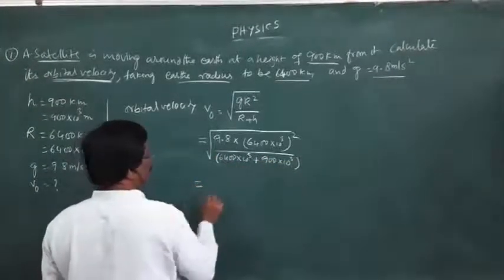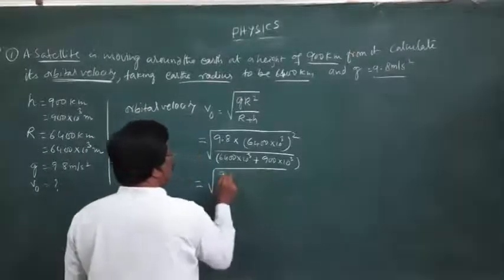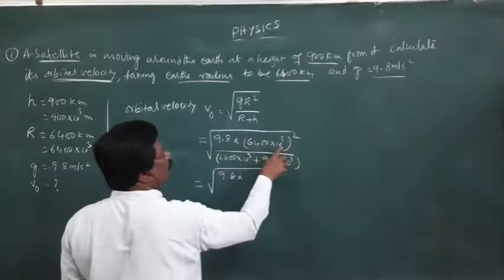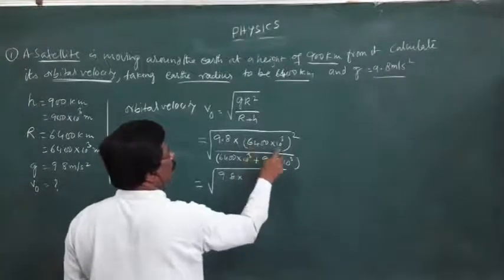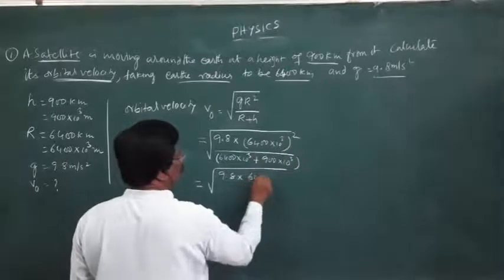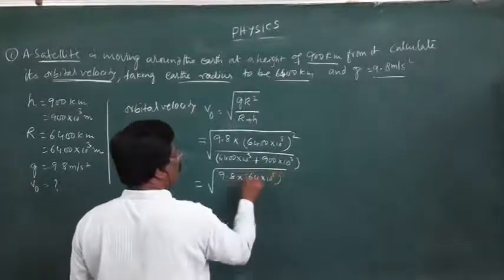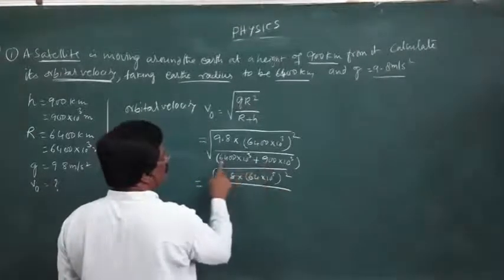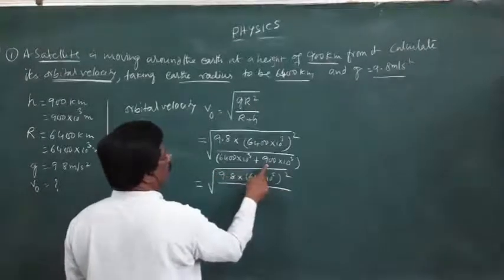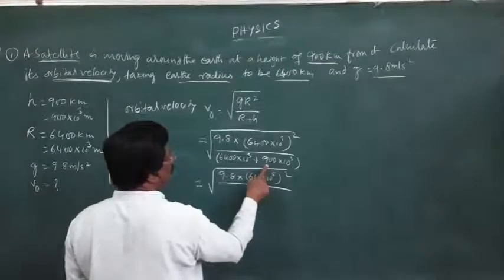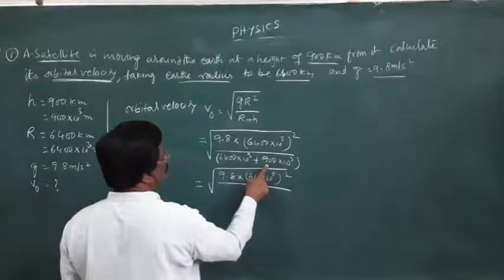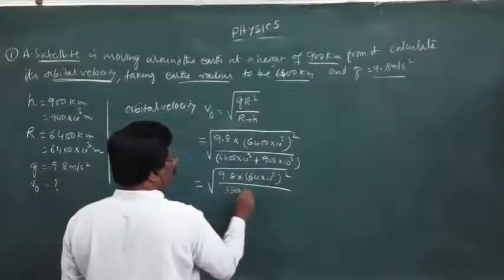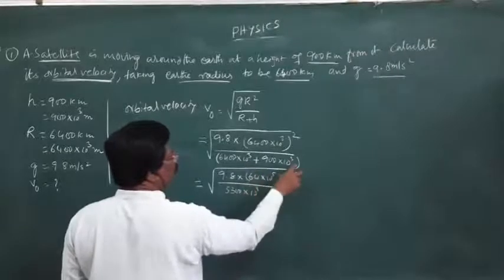This is equal to square root of 9.8 into 64 into 10 raised to 5 whole square, divided by, adding 6400 plus 900, we get 5300 into 10 raised to 3, since 10 raised to 3 is common.